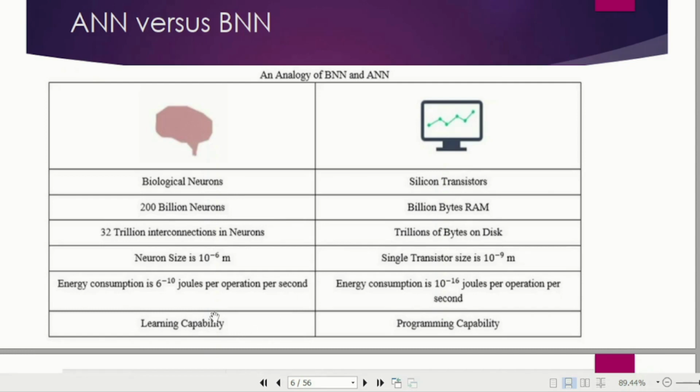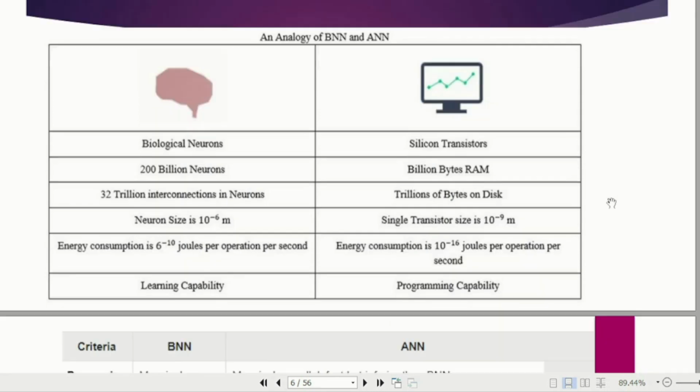Learning capability is in our biological neural networks. The energy consumption is 10 raised to power minus 6 in our biological neural network. In our artificial neural network, 10 raised to power minus 16 is there.